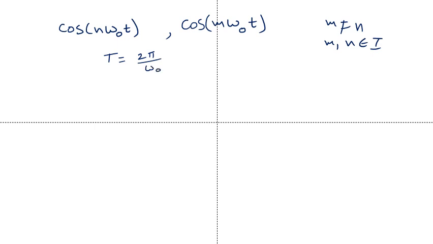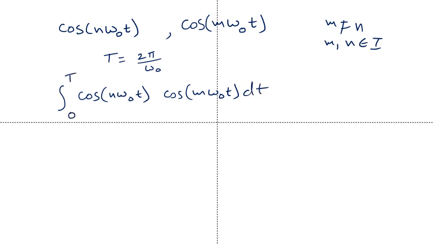Let's calculate the inner product: the integral from 0 to T of cos(n omega naught t) times cos(m omega naught t) dt. If you solve this, you'll find it is equal to 0 when m is not equal to n, and equal to T by 2 when m is equal to n.